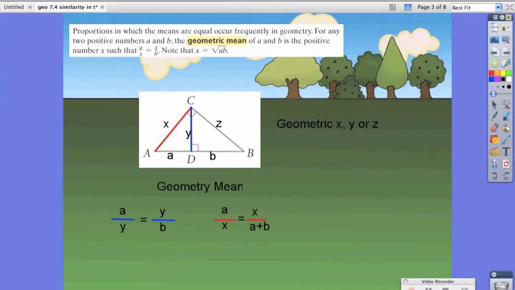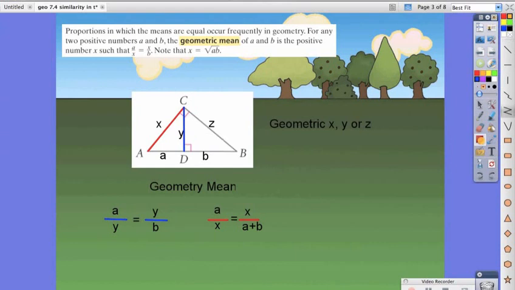Now, the red one, which we've labeled x and colored red, if this serves as your geometric mean, what we want to do is make sure that we have a ratio, like such. Now your fraction should always be fairly simple.